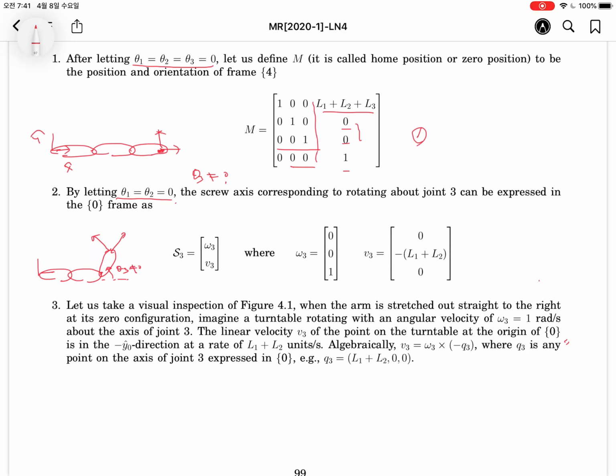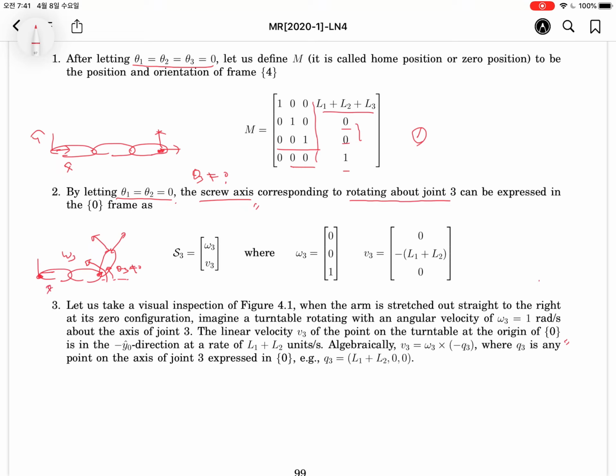With this concept, let's obtain the screw axis corresponding to rotation about joint 3. Let's obtain omega 3 first.